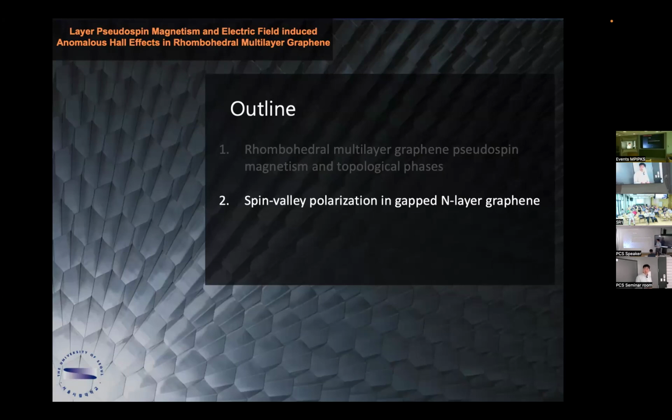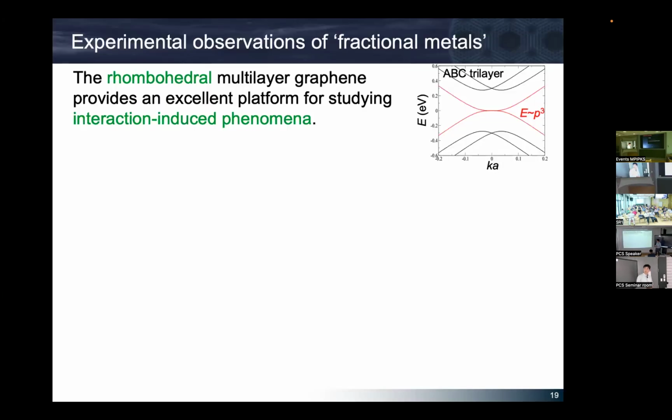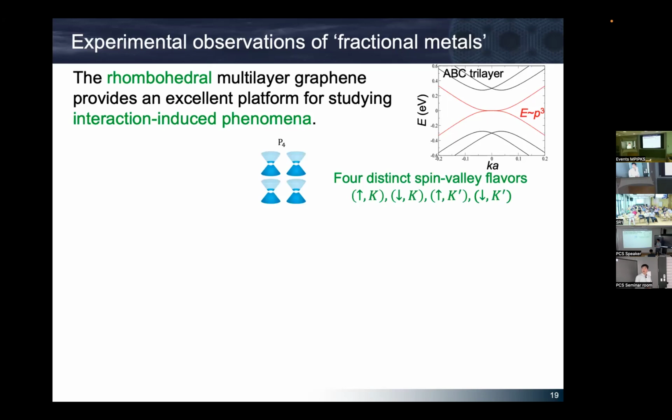So here I would like to discuss a little further the energetics of the spin valley polarization that can be achieved in these kinds of systems. One interesting observation in recent experiments is the spontaneous polarization of these spin valley flavors when we add carrier doping in a system that has broken inversion symmetry with an electric field.